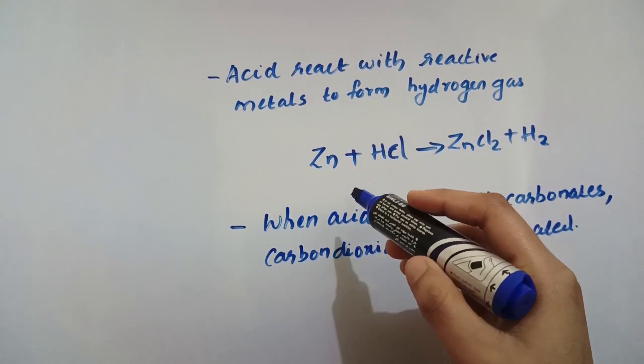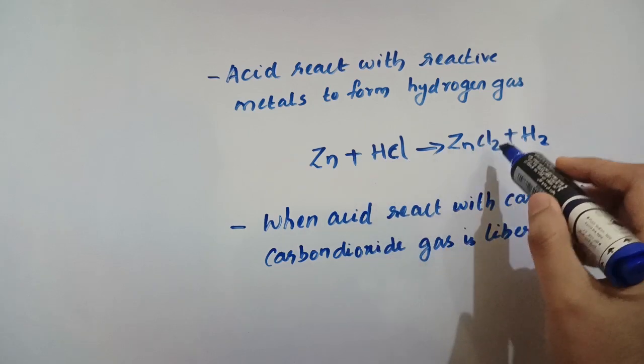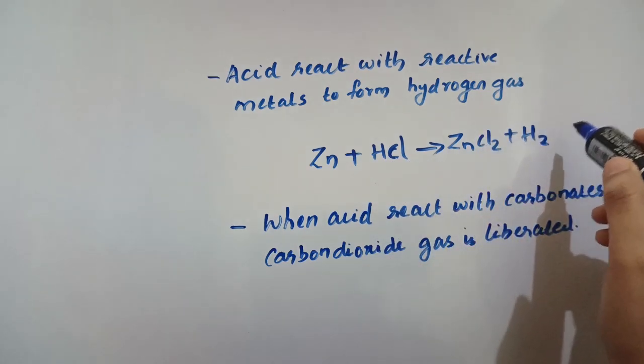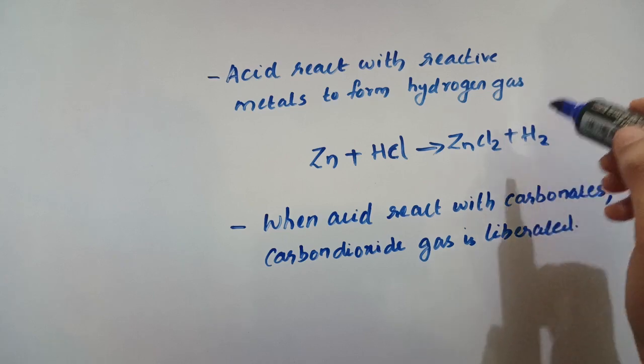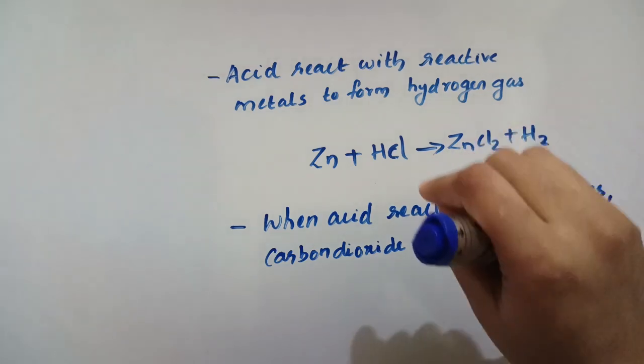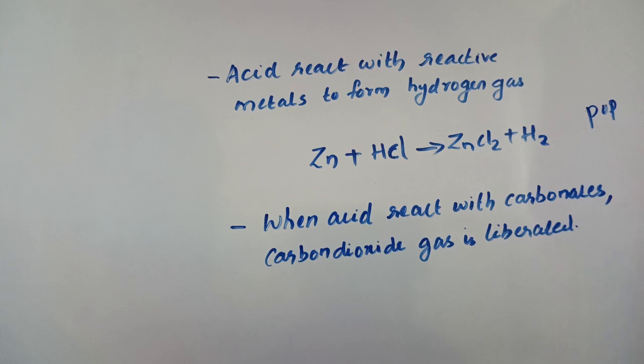By that experiment, when zinc is added to HCl, we get ZnCl2 plus H2. Due to liberation of hydrogen gas, when we show a burning matchstick, it comes with a pop sound because the hydrogen gas liberated is burned.